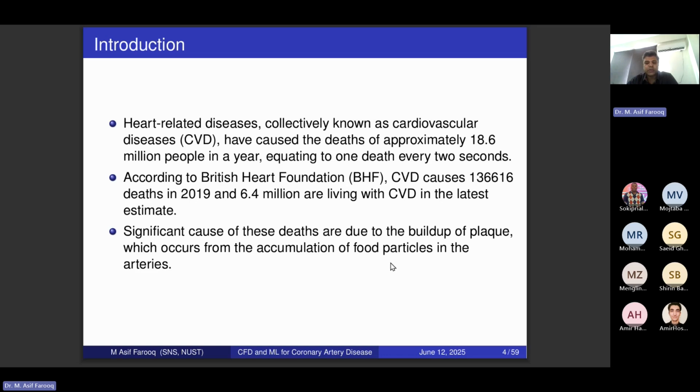When it mixes with your blood and moves into the arteries, then gradually, not suddenly, it stops the blood flow in the arteries. So there is a plaque in the arteries. It is due to the food that we eat.